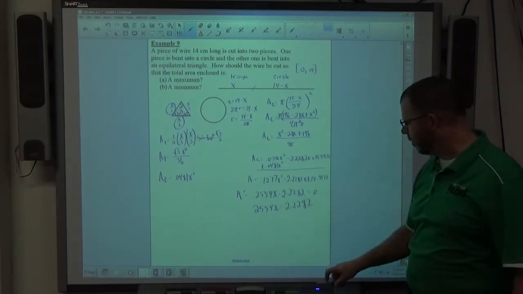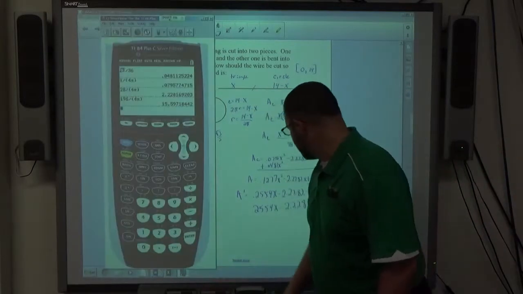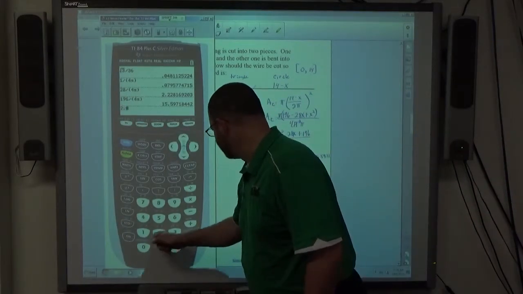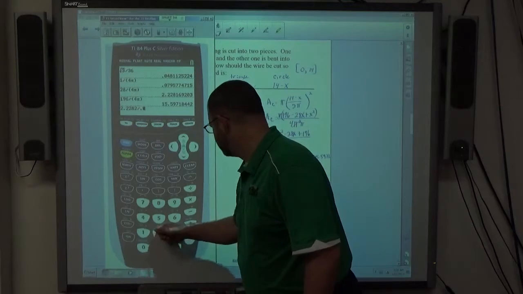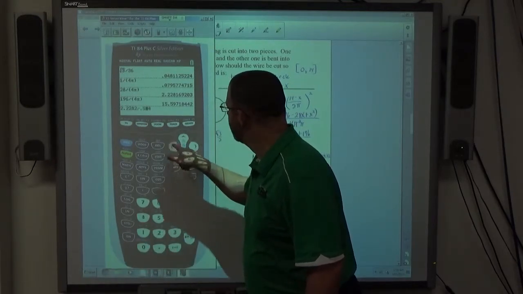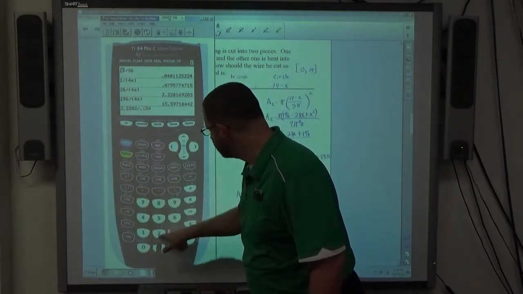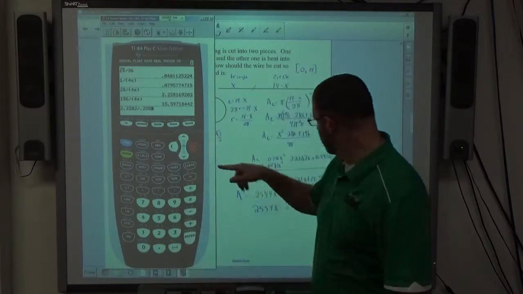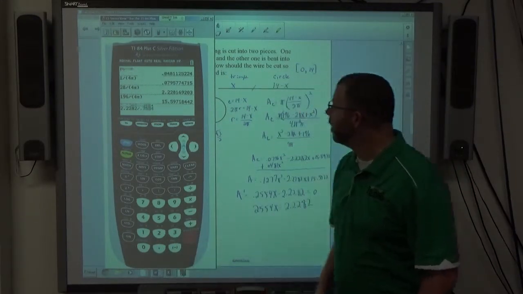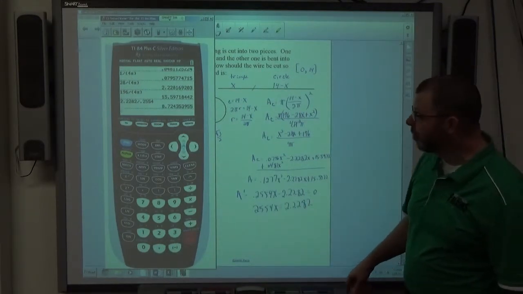Move the 2.2282 to the right, divide both sides by 0.2554. So we get 8.7244.